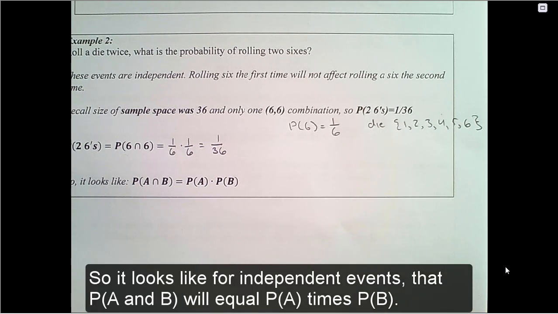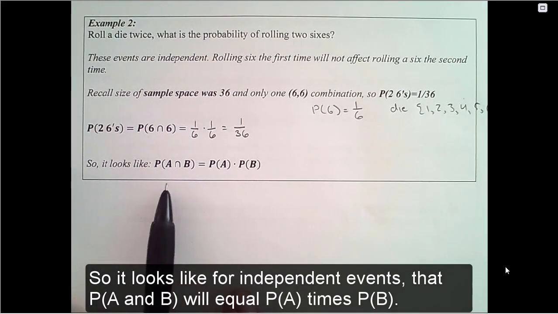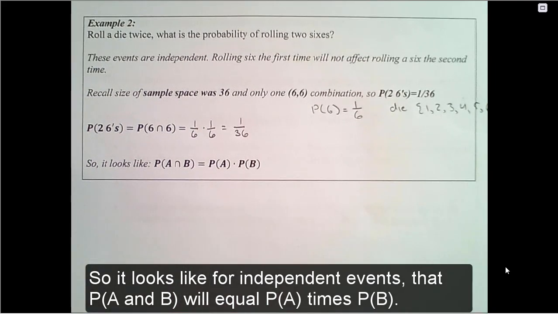So it looks like for independent events that P of A and B will equal P of A times P of B.